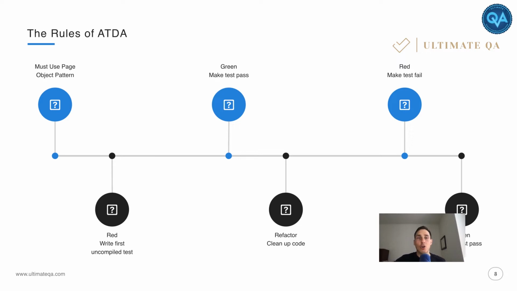And finally, you're going to make your test green, make it pass, and it is now ready to go into production. And we will iterate through these cycles over and over, developing our test automation framework and scaling it to the moon and achieving amazing test automation. Enough talk, let's jump right in.